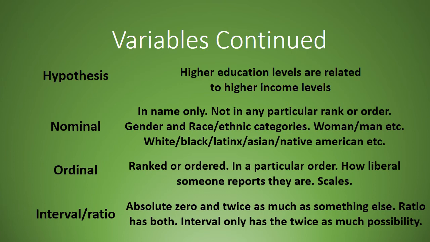So now we know income is a ratio variable and is measured by a dollar amount from any negative number to any other number. It does have a 0. Again, that it is a ratio variable could be disputed, but for our purposes we are saying it is a ratio variable. And education is an ordinal variable because it is ranked and in order.